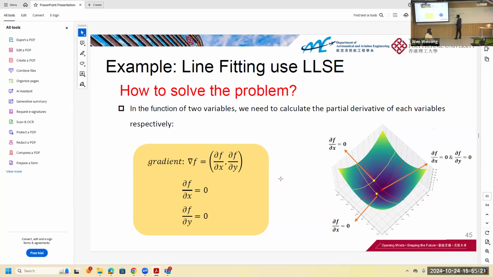For example, examples like this. Student name and student ID, okay?